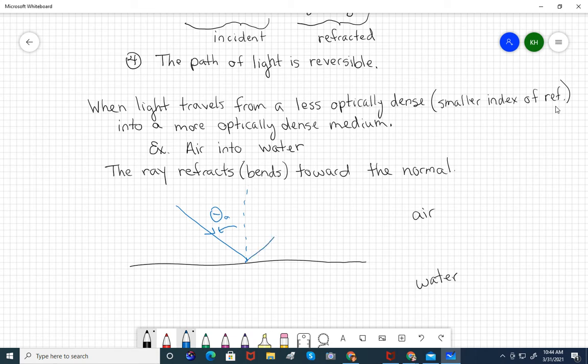It's going to go off like this. That's theta R, okay? But it does not keep passing straight, like if you picture it going straight. It bends toward the normal. Oh, I picked up a new color. So this is theta B. When it goes to a more optically dense medium, another way of thinking of that is a slower medium, it bends towards the normal.